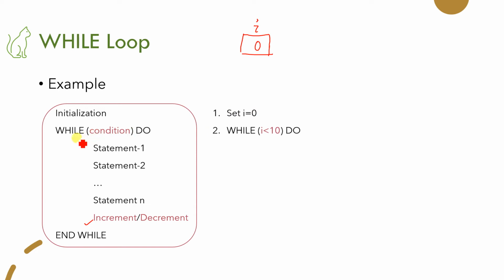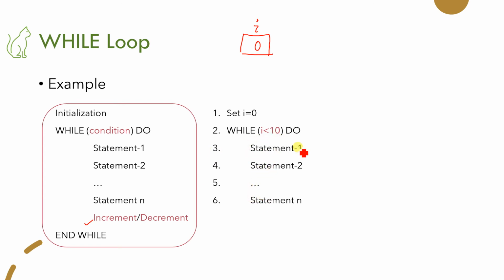Then in the second step, as I have already told you, you have to write the while, then you have to mention the condition. Here I mention the condition, that is I is less than 10. You can see I is 0, so 0 is less than 10. That specifies the condition of this while loop. And finally you have to write your statements. There may be one statement, there may be multiple statements.